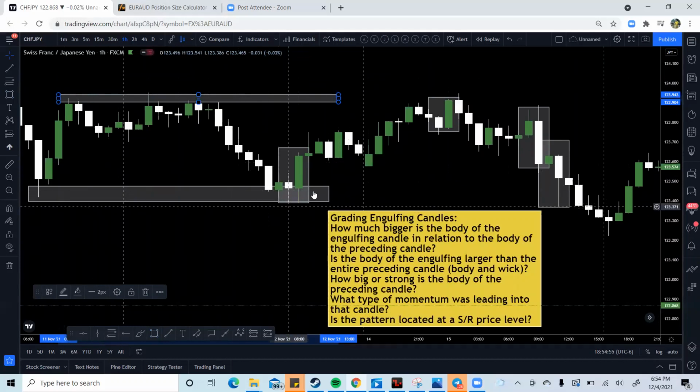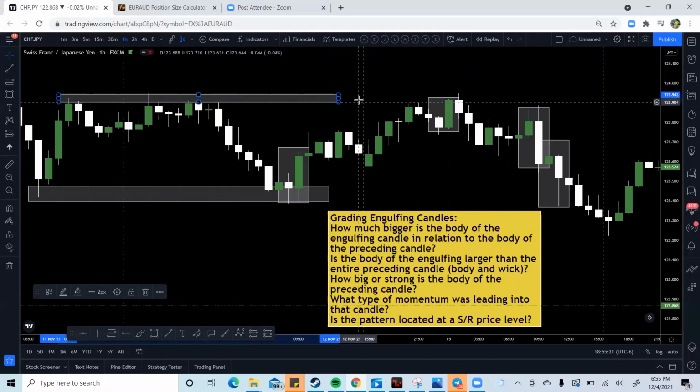So you have this candle here. Then we have this one here. So this is the bullish engulfing candle. One thing that you want to know about as far as location goes, you want bullish engulfing candles to be present at support levels. You don't want to look to trade bullish engulfing candles present at resistance levels.